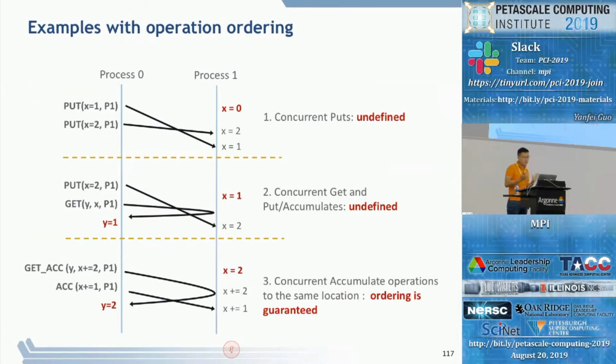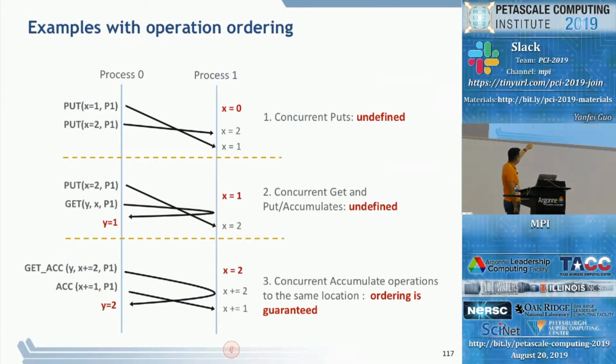Okay, so just a quick example. The processes are trying to do operations on the same memory location. If you do two puts, the result will be undefined. The same goes for put and get, or put and accumulate.